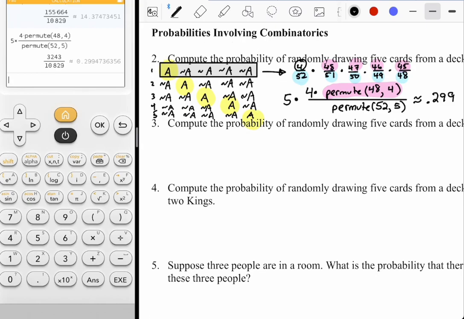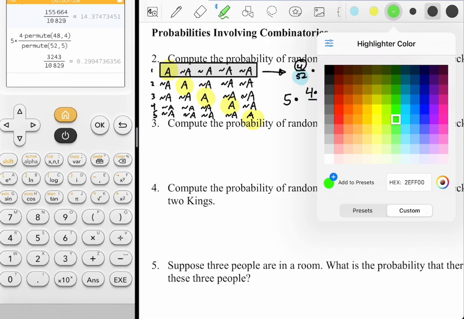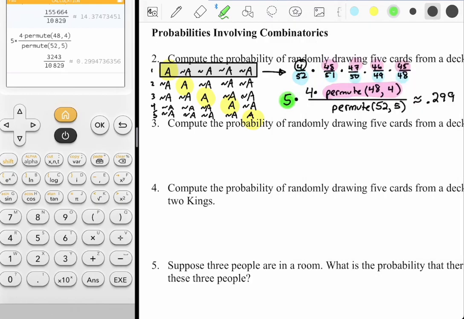But I mentioned before that I wanted to figure out where that 5 came from. I've already used these colors. Let me get green involved. How would I know that this is a 5 without having to make this entire list? Well, we had 5 cards available, and we wanted to determine the number of instances in which you would get an ace.